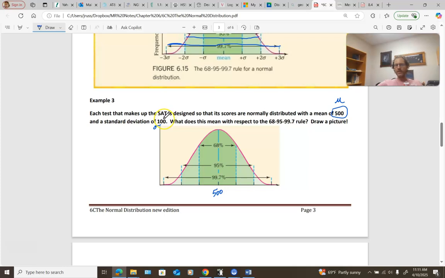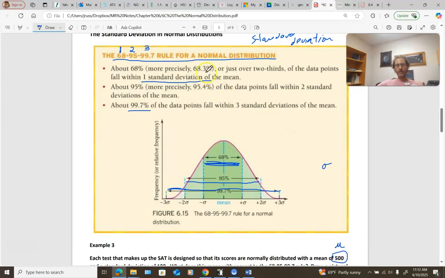If the standard deviation is 100, that means 100 above the mean, which would be 600, to 100 below the mean, which would be 400. So in other words, 68% of the SAT scores are going to be within this range, from 400 to 600.